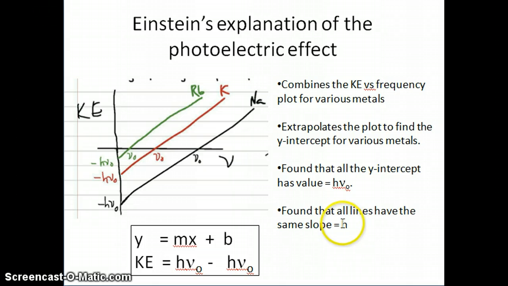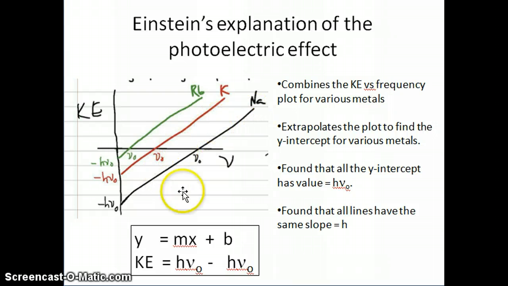So then he realized he's onto something, because all of the slopes are the same value. All of the y-intercepts have the same expression, which is negative h times nu naught for that specific metal. So the green one would be negative h nu naught for rubidium, this one is negative h nu naught for potassium, and this one is negative h nu naught for sodium.